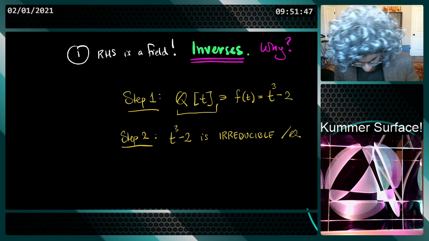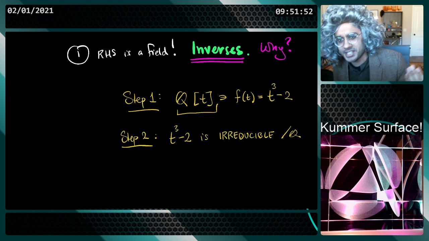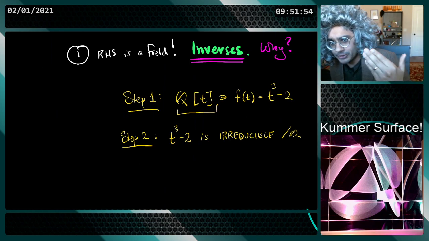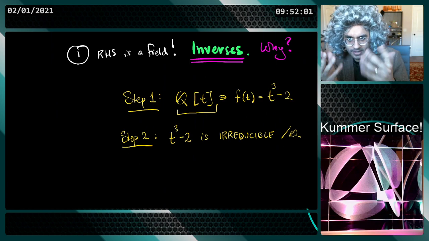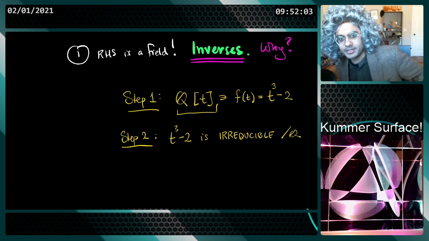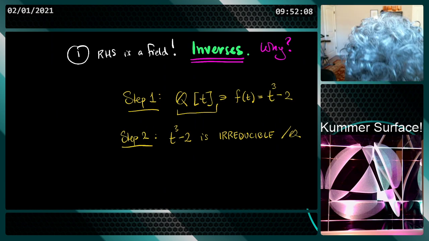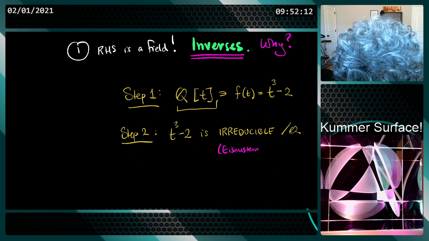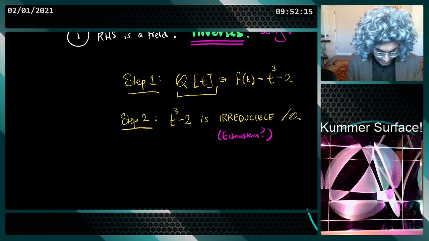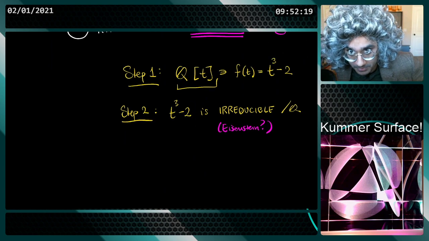Use Eisenstein, for example. Or, if a cubic is irreducible if and only if it has no root in that field, since otherwise it's linear times quadratic. And it doesn't: cube root of 2 is irrational. So we've got ourselves an irreducible polynomial.